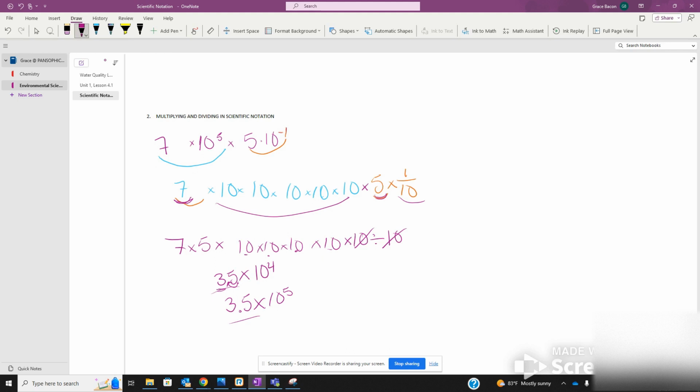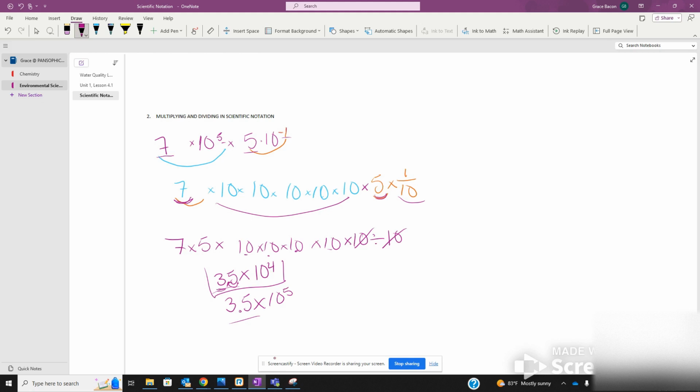All right, so now I have my final answer. And let's figure out what the rule was here, just thinking about this one. So all we're doing is the multiplication of the numbers, and then we're adding up the exponents, because 5 plus negative 1 is going to give me 4.